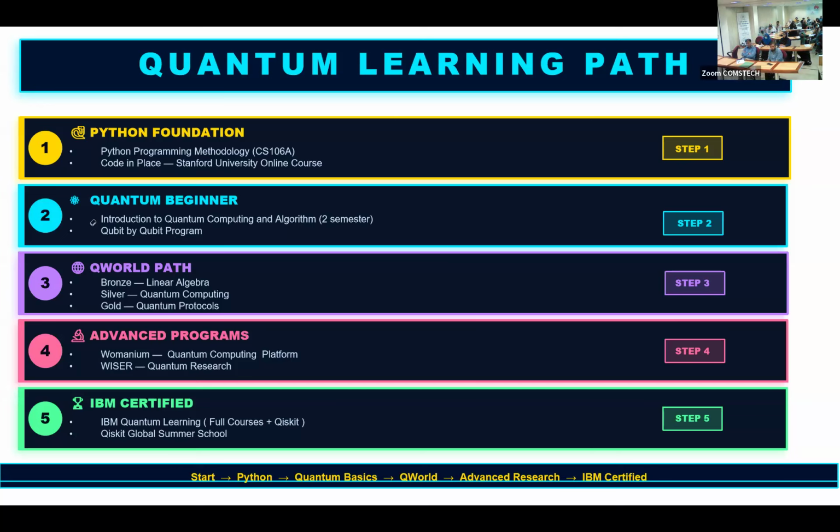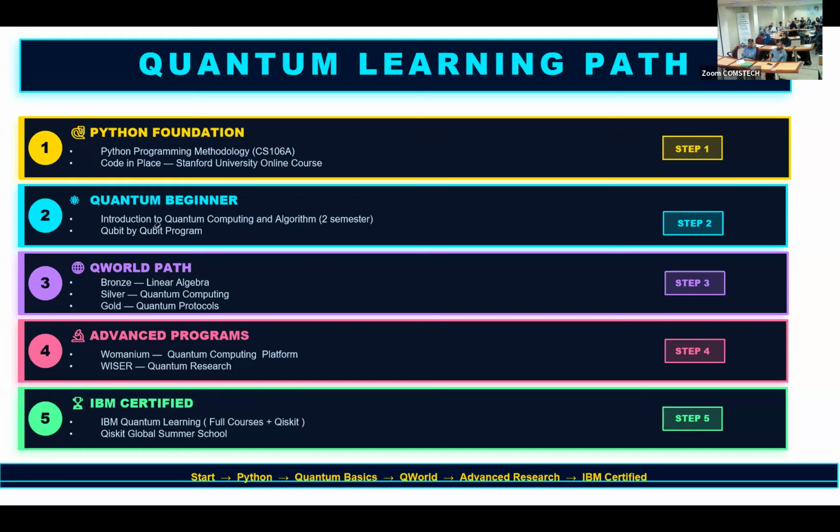In order to learn the quantum beginner courses, you can join the Qubit by Qubit program. They offer the course, and it's a very good course. I guess they offer it around the summer, and it runs until around March. They have two semesters, and it's online. Due to the time difference, most of the lectures are at night, around 8 to 10.